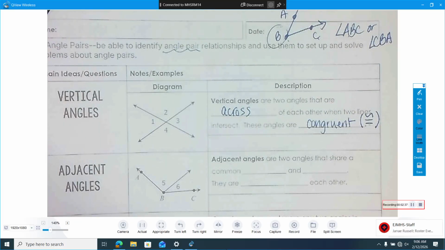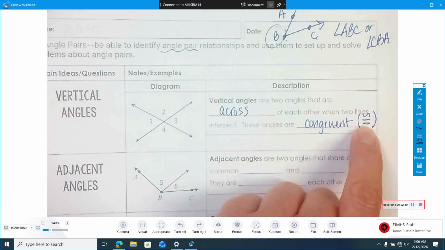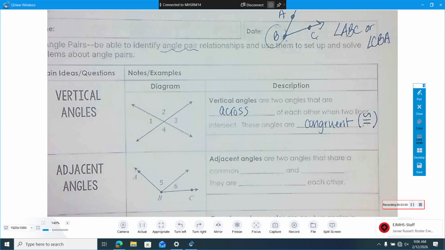They're not just equal. It's talking about the shape of it is equal, so we use congruence when we're talking about shapes. It's just a little bit more than just equal. We use an equal sign when we have equations, but when we have shapes that are the same, when we have shapes that are identical, we use a congruence. The word is congruent, but it means that they're equal.